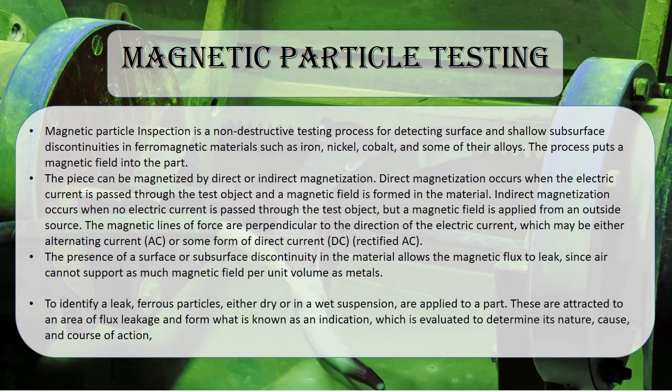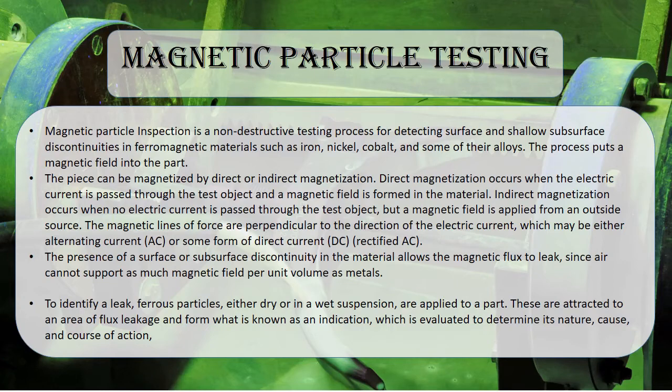Next, magnetic particle testing. Magnetic particle inspection is a non-destructive testing process for detecting surface and shallow subsurface discontinuities in ferromagnetic materials such as iron, nickel, cobalt, and some other alloys. The process puts a magnetic field into the part.